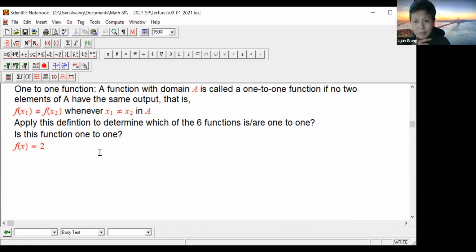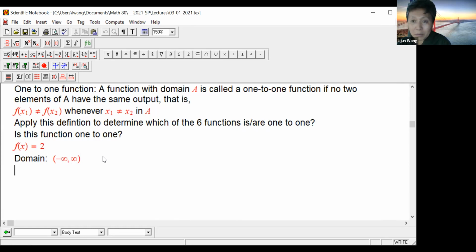Well, first you have to look at the domain, right? What is the domain for this function? It's all real numbers, isn't it? Is it true that for any 2 different inputs, we get different outputs? Is it true or not? That's not true, isn't it? Because for every input, you're going to produce the same output.